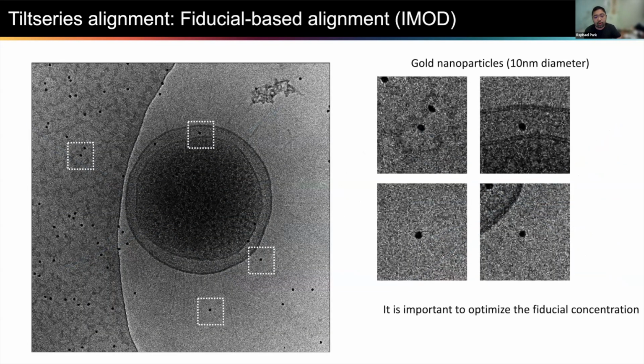One of the most popular or traditional ways of doing this is applying gold nanoparticles in your sample, like I highlighted here. And then using these gold particles as fiducials, you can use software such as IMOD to align the location of these beads at every tilt image.